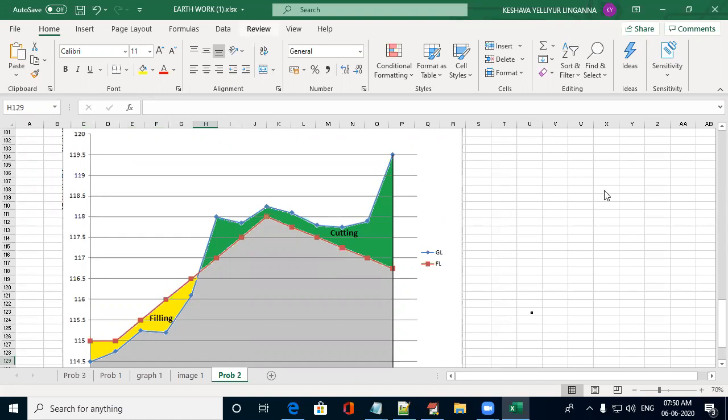But the calculation of earthwork is very, very easy compared to all other things. You need to understand the concept and where the changes should be made. All problems are almost the same except for a few minor changes. I'll explain the changes wherever required. Keep practicing the problems which I have sent in the notes. For any details, come back to me.